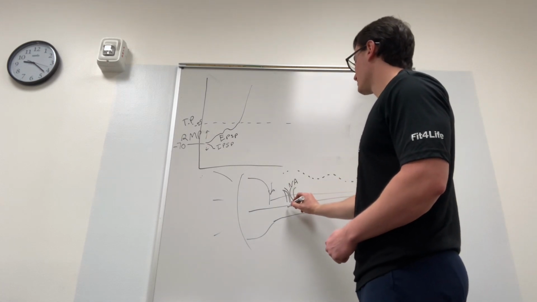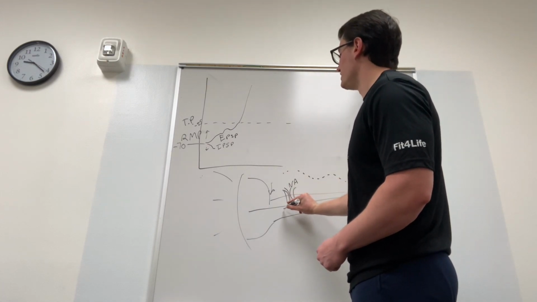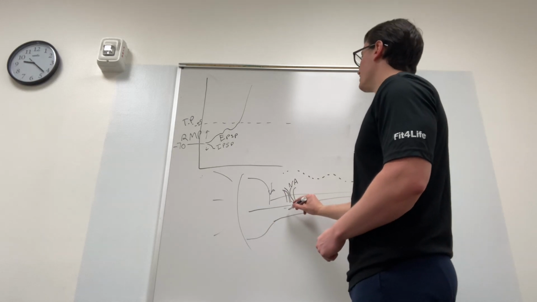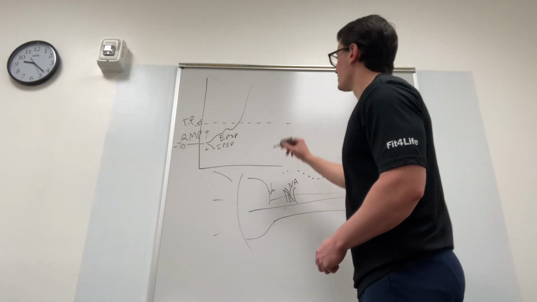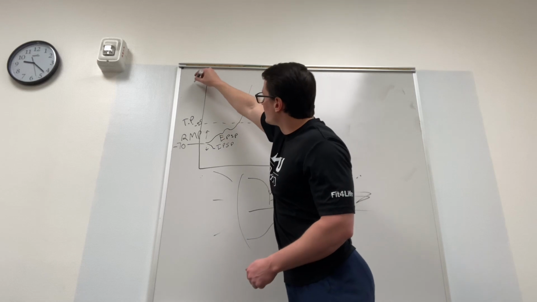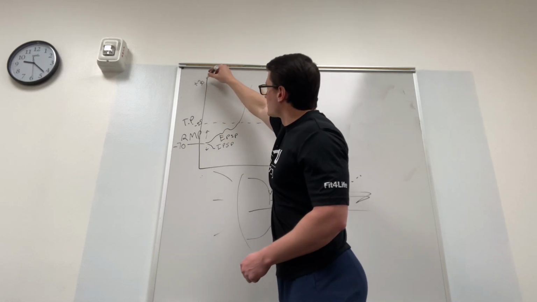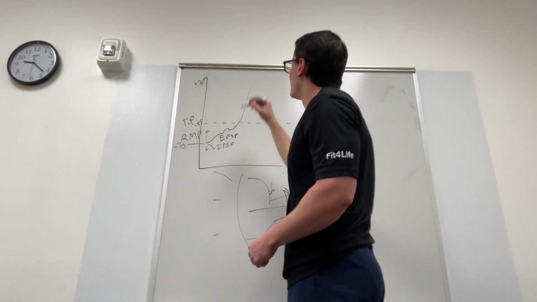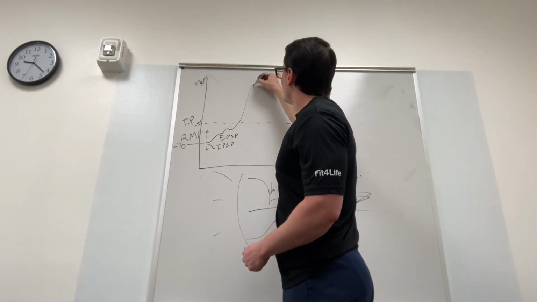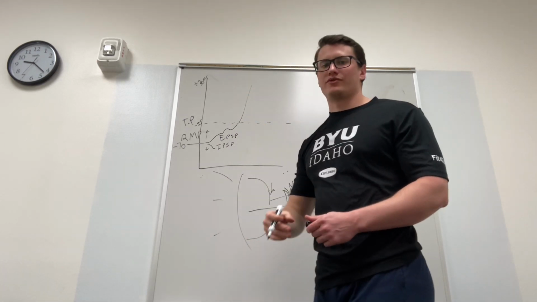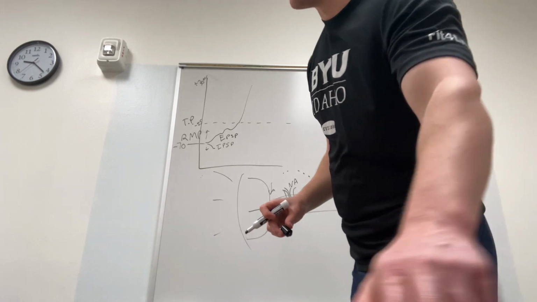It's going to really quickly depolarize the cell. So we're going to actually get up to about +30 approximately millivolts when this happens. And this is the rising phase of our action potential.